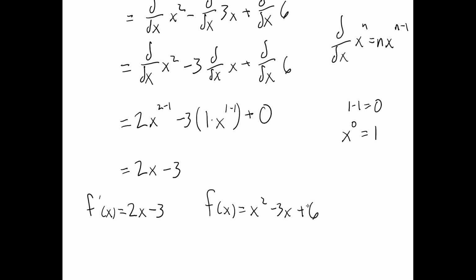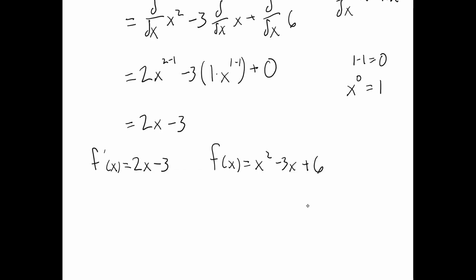So that 2 came down, giving me a 2x, and then I take 1 off of 2, you get 1. The next one I have negative 3x, so I put the 1 in front, which does nothing because we're multiplying by 1. And then we take the exponent of 1 down 1 to get 0, and that makes it go away. So we get negative 3, and 6, the derivative of 6 is nothing.